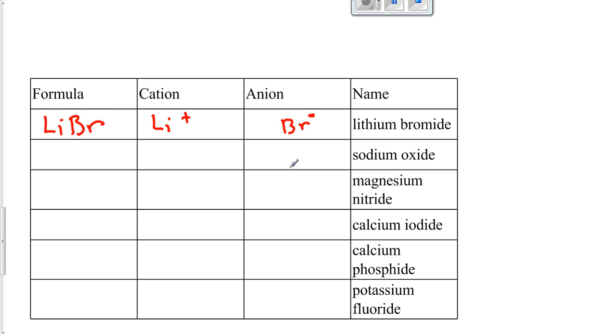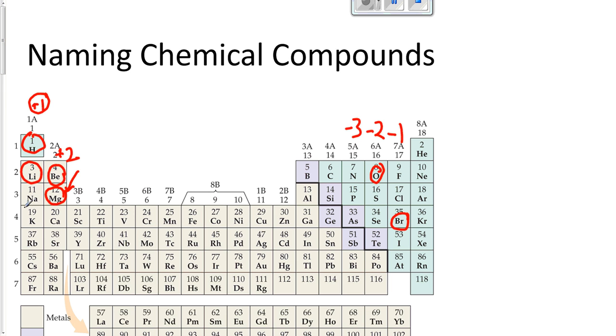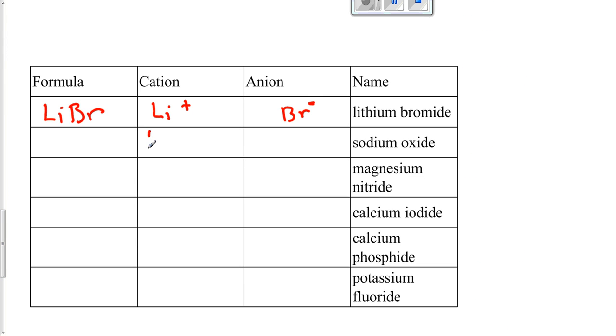All right, in this next example, though, we've got sodium and we've got oxygen. So we need to go back to the periodic table, and we need to look and say sodium here is a +1. And you can see oxygen over here. That's in the -2 group. So let's fill in those ions right here. So we've got Na+ here, and here we've got O2-.